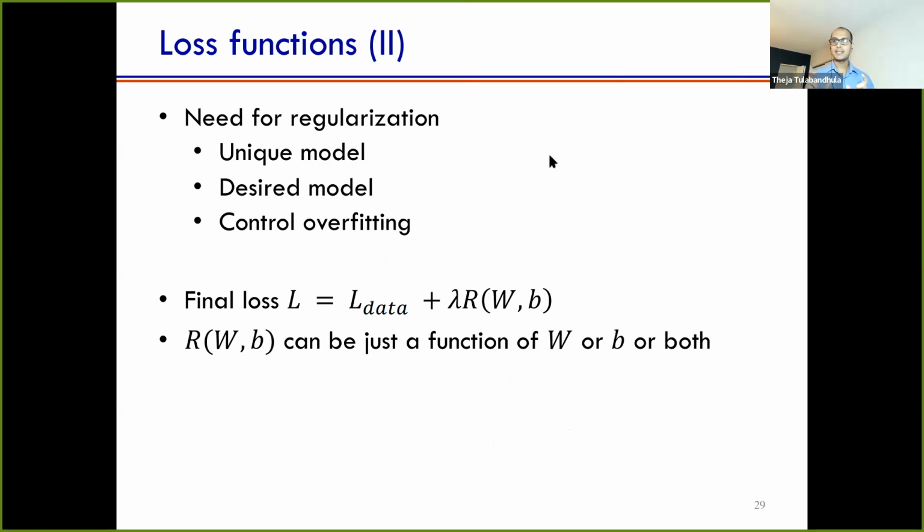What I want to say now is that loss generally has 2 components. One is completely determined by data, and the second part is typically determined by your preference or some domain knowledge, and that's called regularization. Why do we have the second component, which doesn't depend on the data?